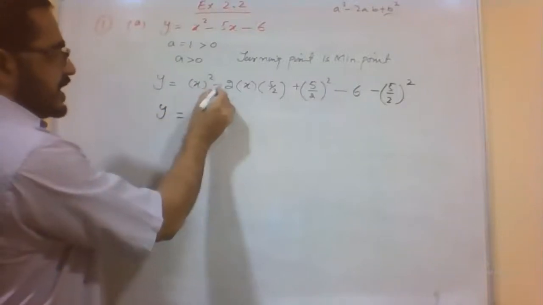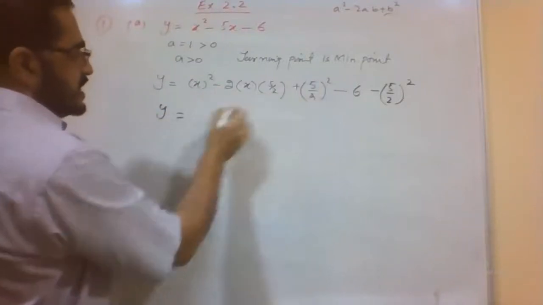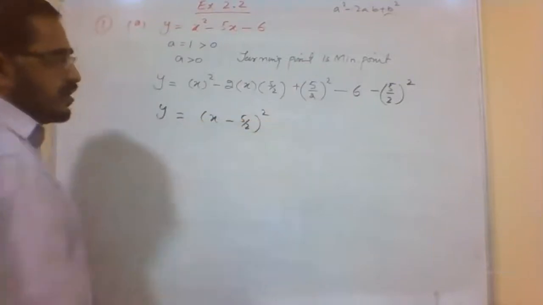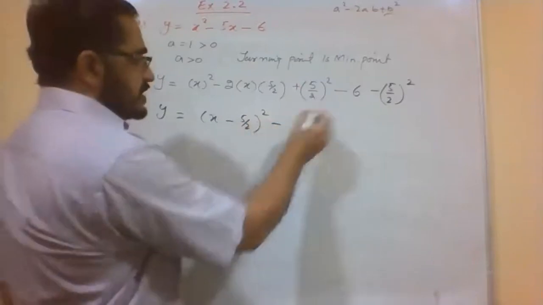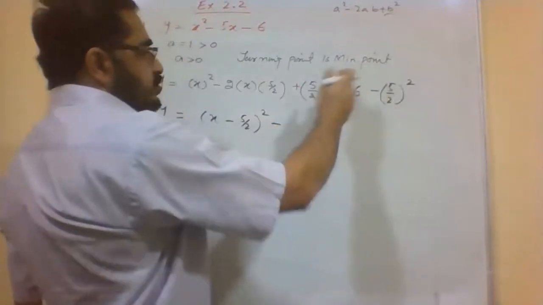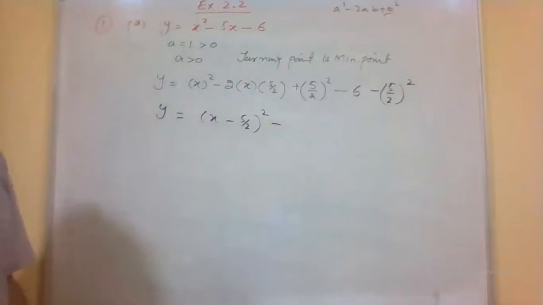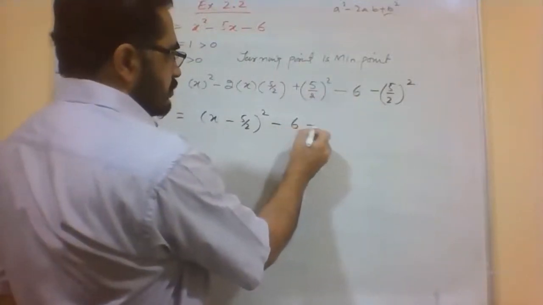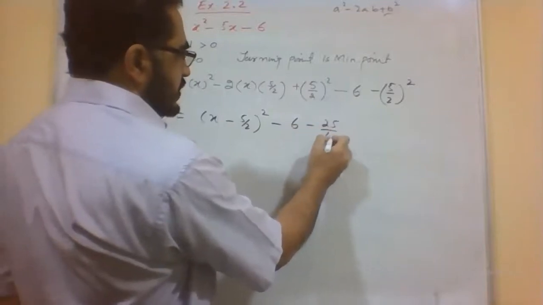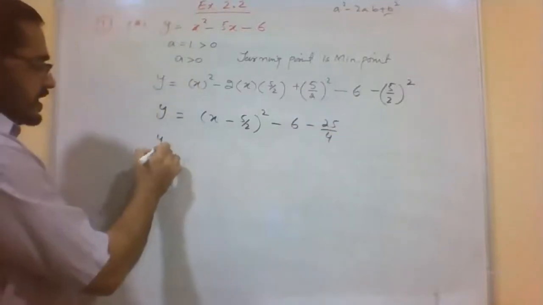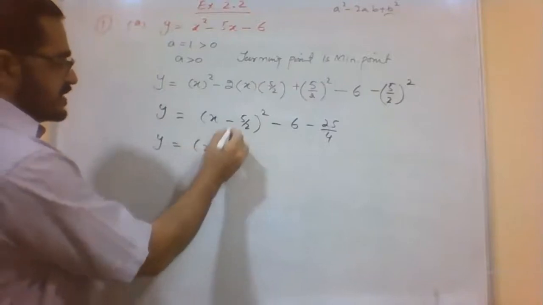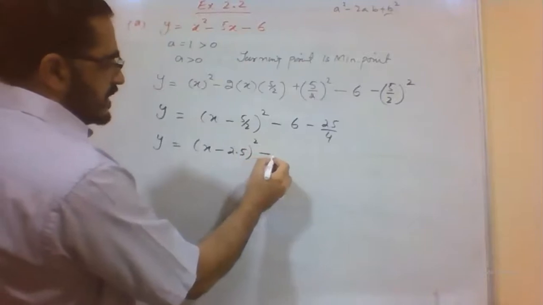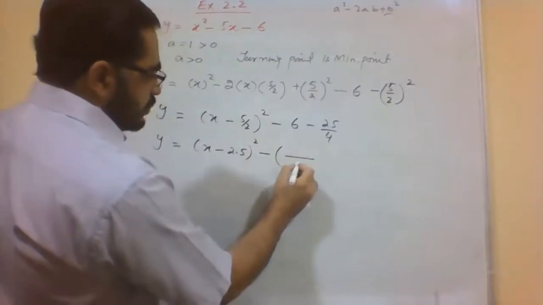y is equal to a squared minus 2ab plus b squared, which is a minus b whole squared, with b being 5 by 2. These two are outside the square: minus 6 and minus 5 squared divided by 2 squared. We can write 5 squared as 25 divided by 2 squared, which is 4. So y equals x minus 5 by 2, or 2.5, whole squared, minus, taking minus common, 6 plus 25 by 4.